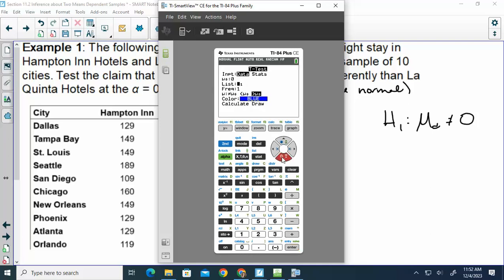My list needs to be the difference, which was L3. So if you hit second number 3, that'll make it L3. Frequency should be set at 1. We're never going to mess with that. We were testing not equal to, and calculate.